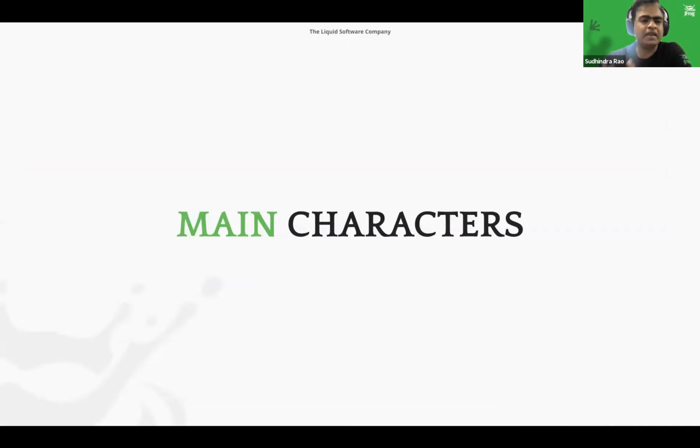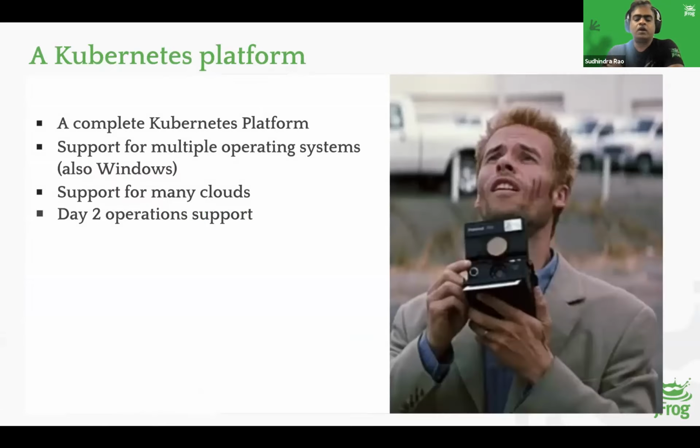Right. So what were the main characters in our story? Just to reflect, we were building a Kubernetes platform. This was meant to be: you drop it in, install it, and then this platform manages the virtual machines, and you can bring up a Kubernetes platform on it. If you wanted to update that, all you would have to do is update this platform, and all the related libraries and dependencies would be updated.